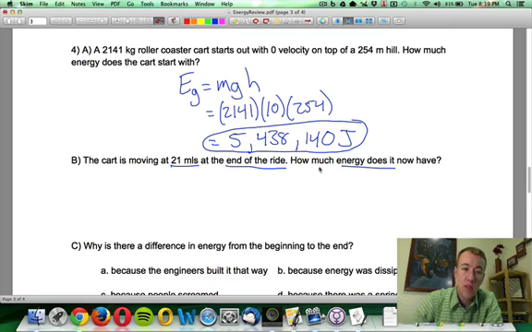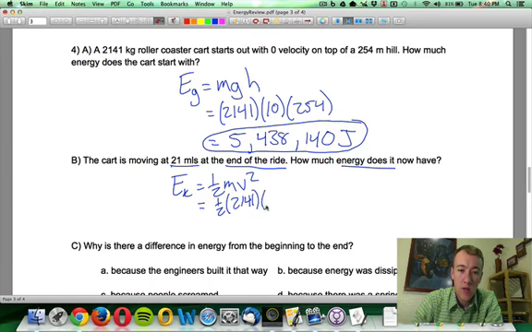It only talks about it moving at 21 meters per second, and the energy of movement is kinetic energy, and that's 1/2 times the mass times the velocity squared. Remember that mass, 2,141. The velocity is 21, and that has to be squared here. Much smaller number. I mean, it's still big, but smaller compared to the previous one, 472,091 joules.